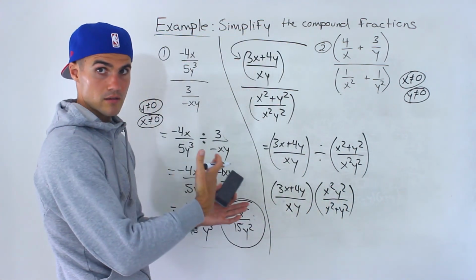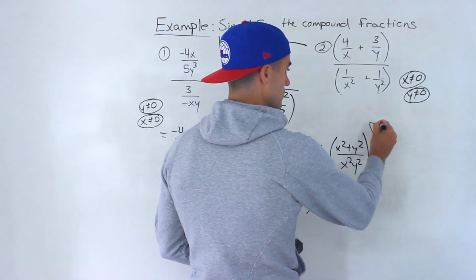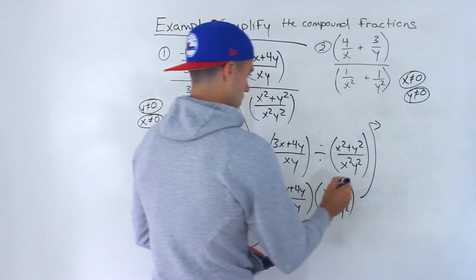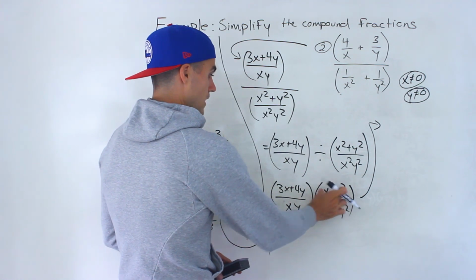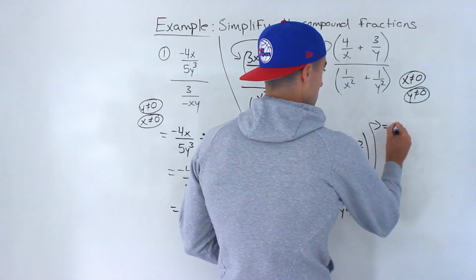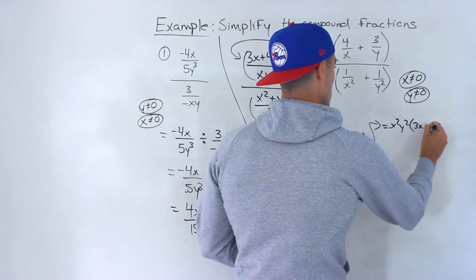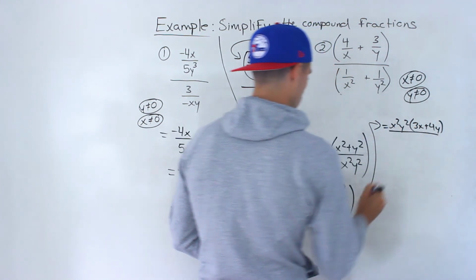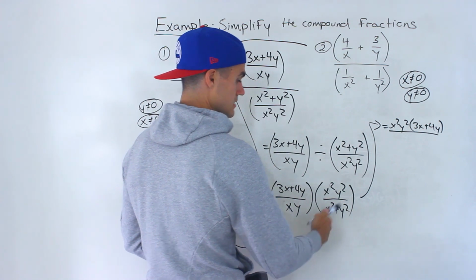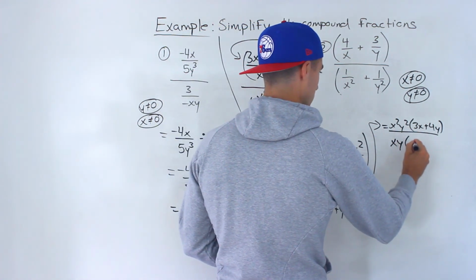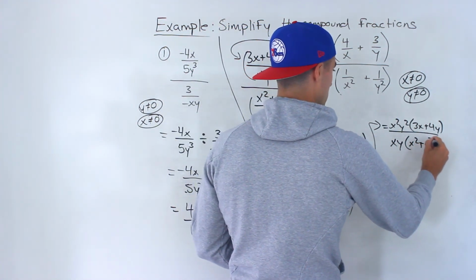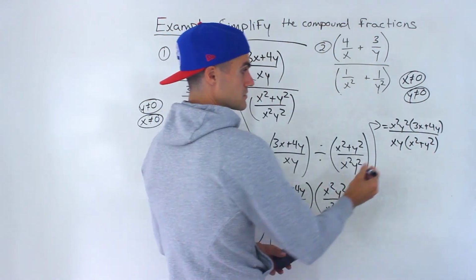So I'm going to multiply this fully out, and then I'll simplify it, just so we're not crossing out too much here. So we'll have x squared y squared times 3x plus 4y, all over xy times x squared plus y squared. And then we could simplify from here.